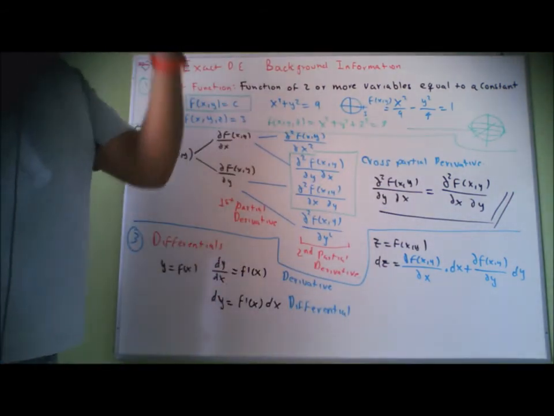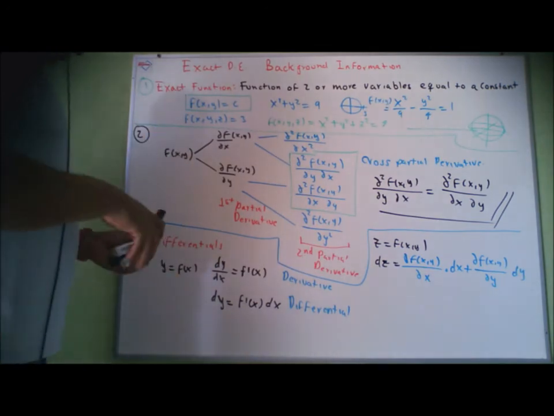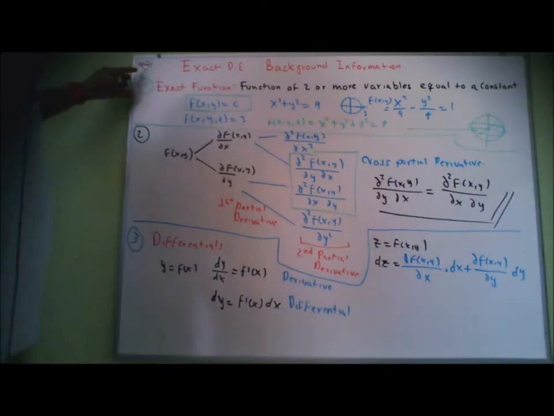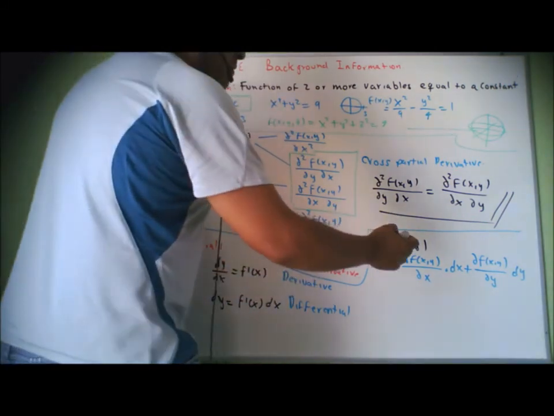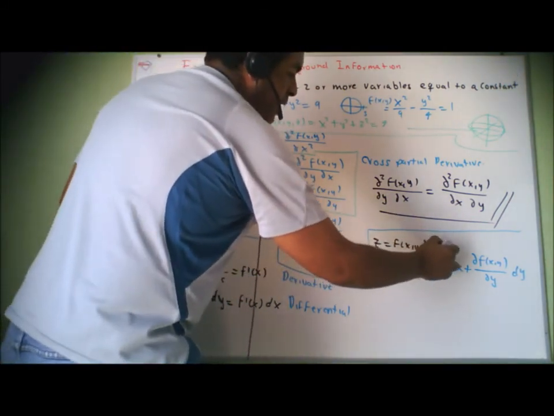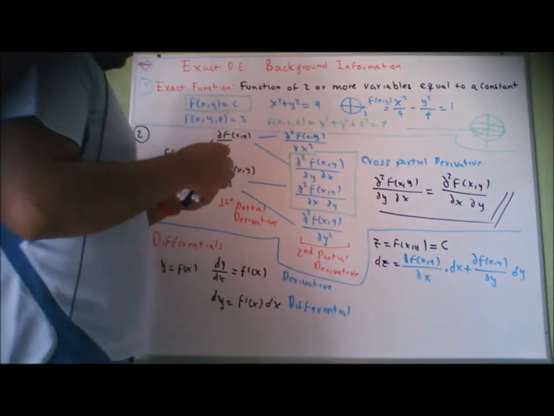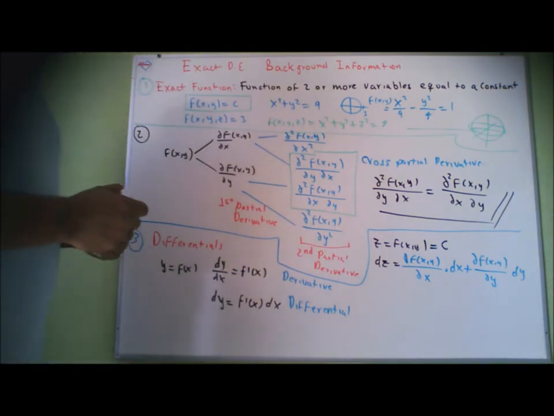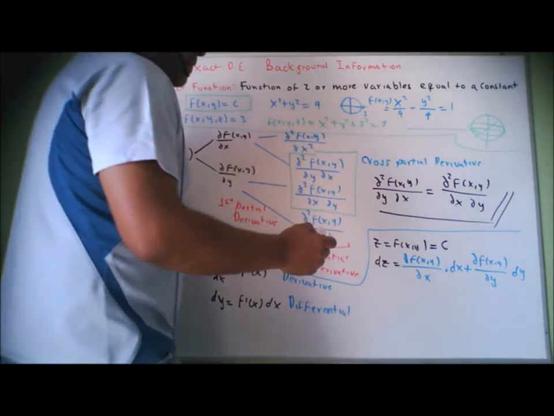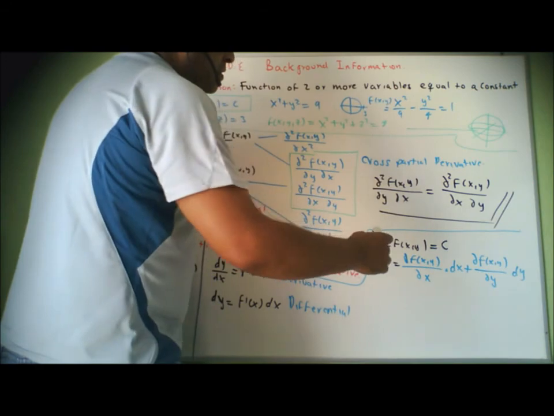With concept number 1, what if this function of two variables is an exact function? What if this is equal to a constant? What will be the differential of a constant? The differential of a constant will be 0. So if this happens to be an exact function, then the differential of the exact function will be something like this.